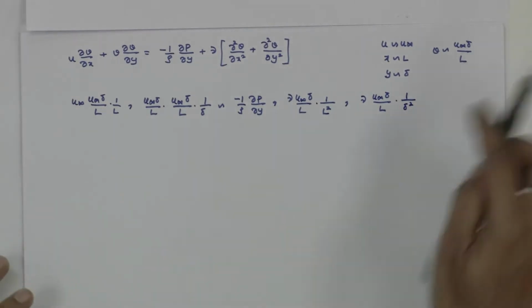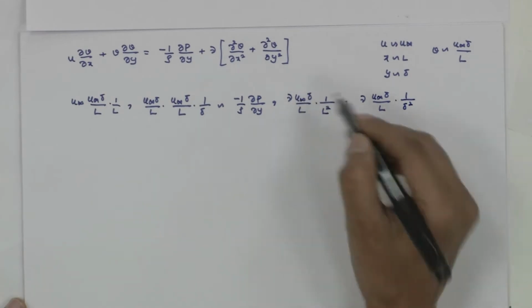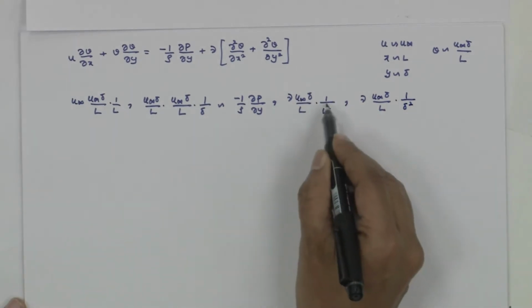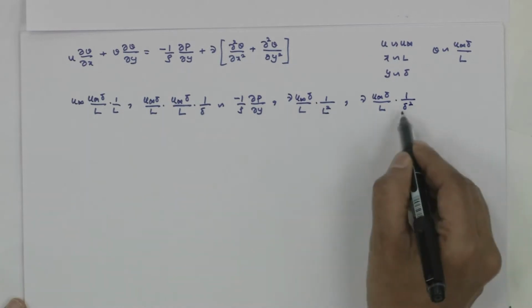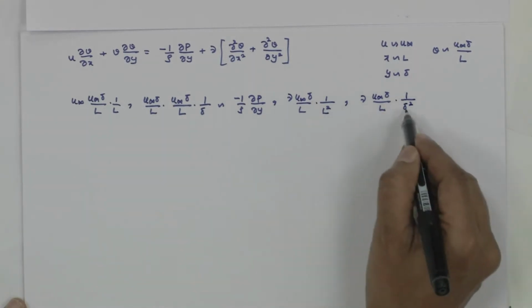Now, as I said last time for the x momentum equation, L cube will be a very huge term in the denominator as compared to delta L here.